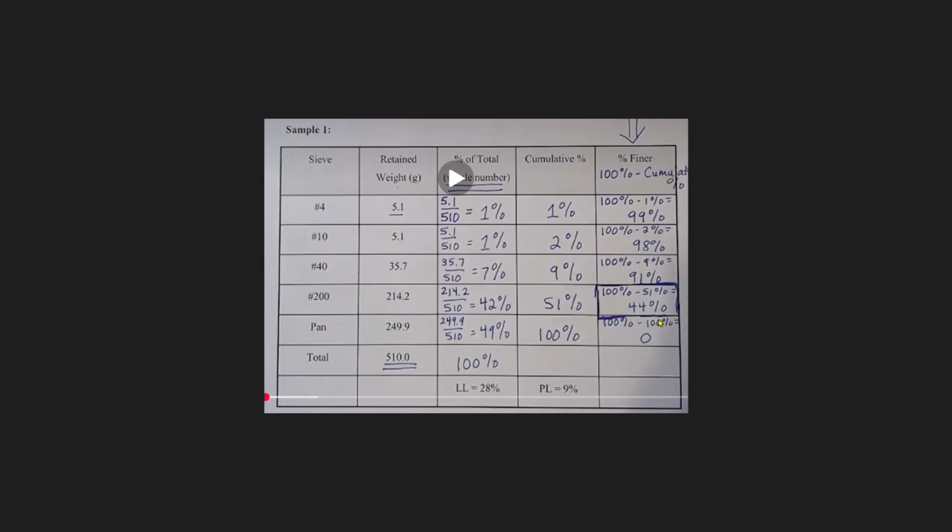Also, I think it's example 2 or section 2-2 where there is a really good problem going through the weight, retained weight, percent of total, and cumulative percent in your textbook. It's very good and really well spelled out for you.